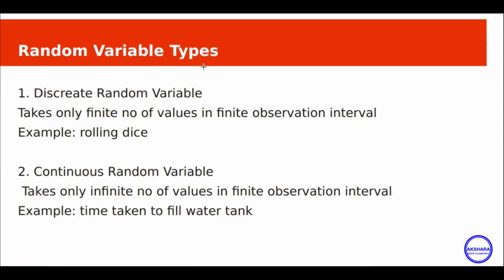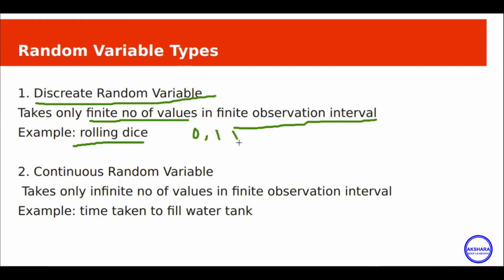Random variable can be divided into 2 types. One is discrete random variable and the other is continuous random variable. Discrete random variable takes only a finite set of values in finite observation intervals. If you roll the die some n number of times, you will get only the possible outcomes 1, 2, 3, 4, 5 and 6. Means it will take a finite set of values.